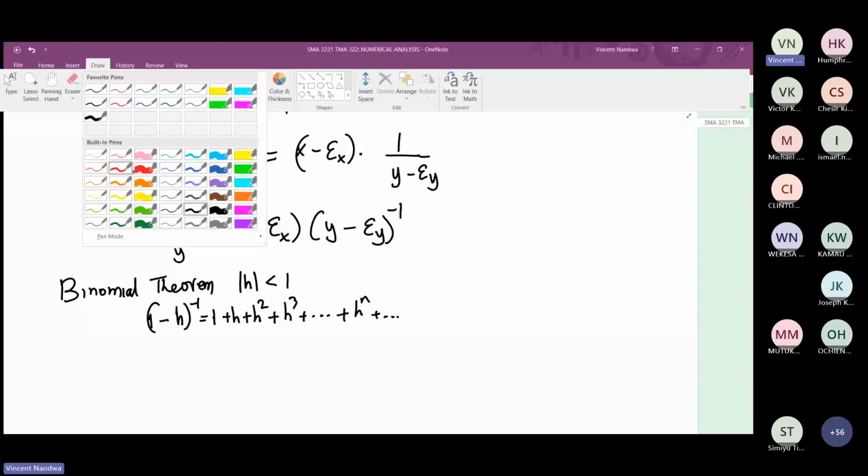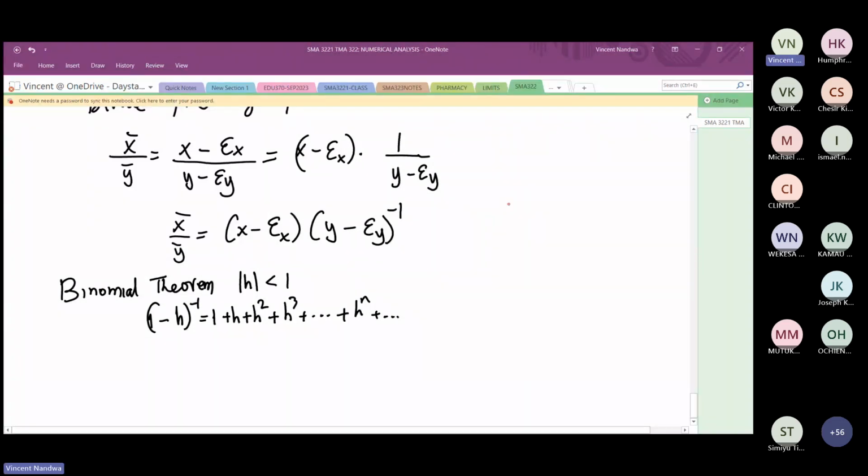This thing here can be written as y into (1 minus error in y), so it will be the same bracket (y minus error in y) to the power of minus 1. And then, using the laws of indices, this is the same as y to the power of minus 1 times (1 minus error in y) raised to the power of minus 1.